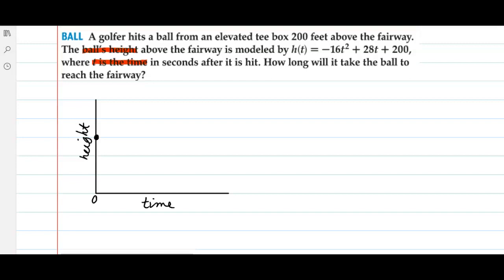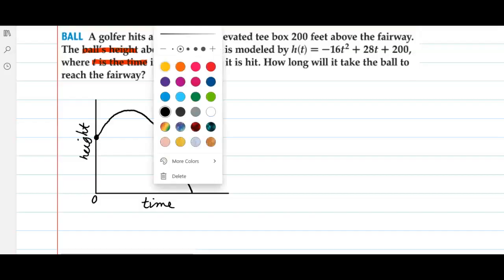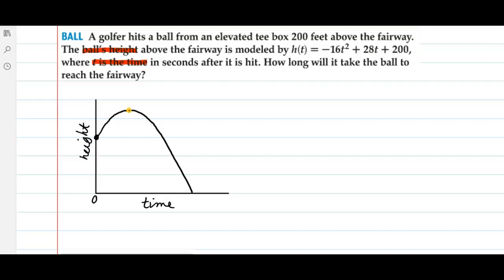The person's standing like on a platform. And they hit the ball and it goes up into the air, and over time, the ball eventually starts to come down and hit the ground. This point right here is going to be our vertex still, and it's going to have the x value in time, and it's going to have the y value as the maximum height.